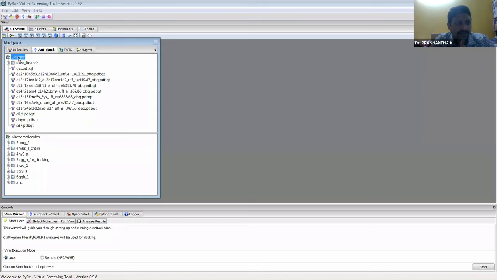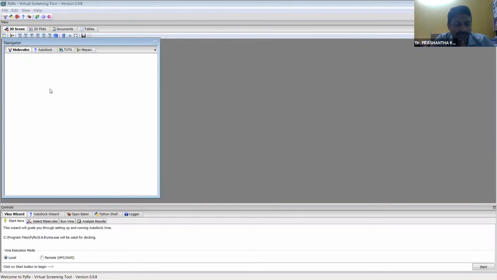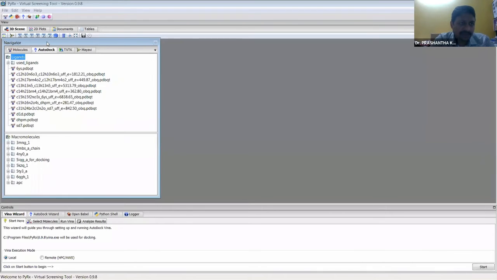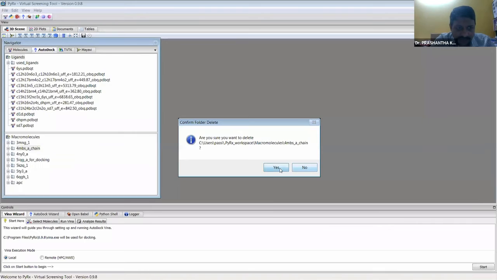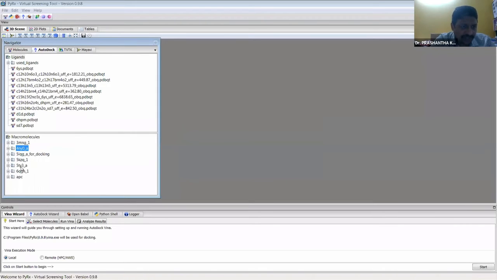Your molecules, nothing will be there, and then we have AutoDock, then one panel showing the ligands and another panel showing the macromolecules. Now these are the two. Let me delete any previous ones. So all these are different projects, so you don't need to worry.